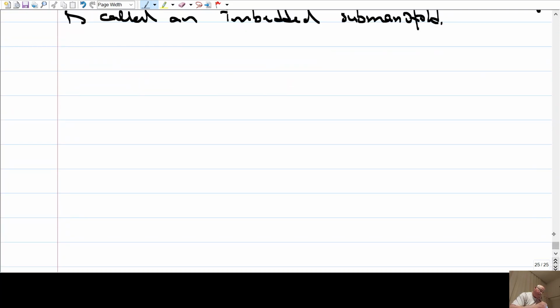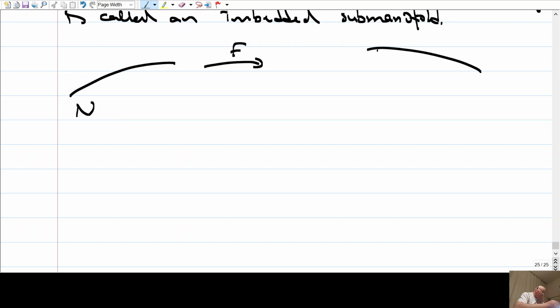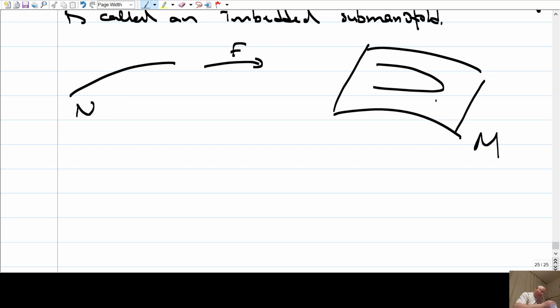Here is what we mean. So we have a manifold and then the function f into some other manifold, and this is the image of f, let's say, which is N tilde.